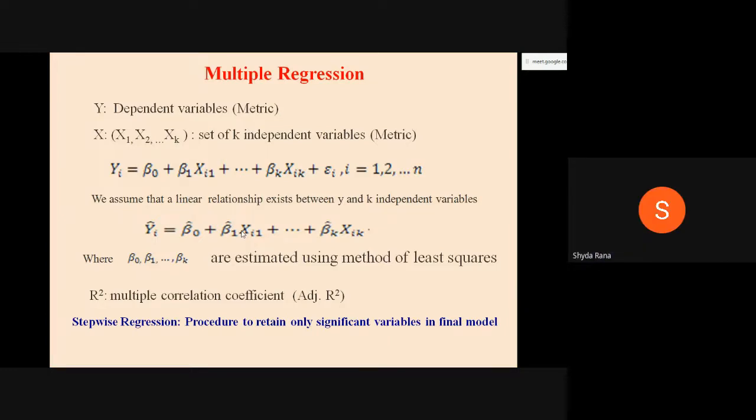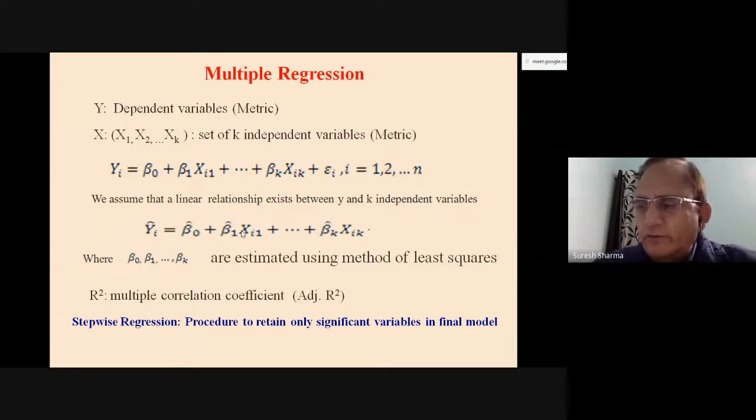Sir, if we use a Likert measurement scale and sum it up, can we use this in multiple regression? Very, very important question. You see, let's say you are looking into the relationship between anxiety and depression. Anxiety has been measured on a 5-point scale. Depression has been measured on a 5-point scale. Now, can I apply this type of regression or not?